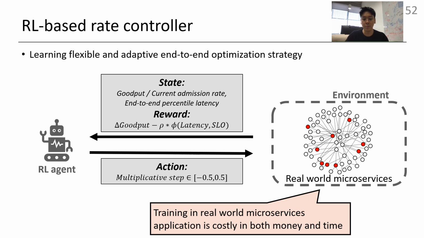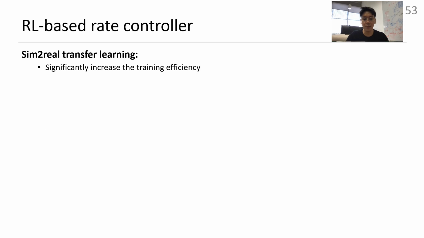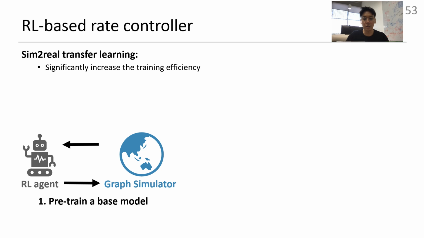One drawback of adopting RL is that training a model in the real world is too costly in both money and time. So, we adopt sim-to-real transfer learning. The RL agent is first pre-trained in a graph simulator, which simulates a directed acyclic graph representing execution paths, with nodes representing microservices.